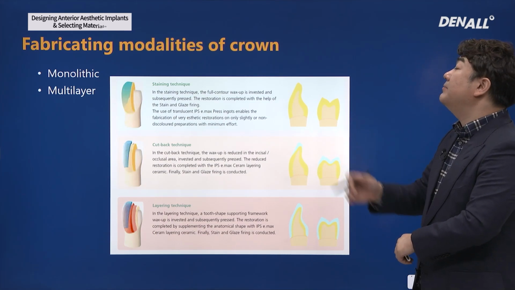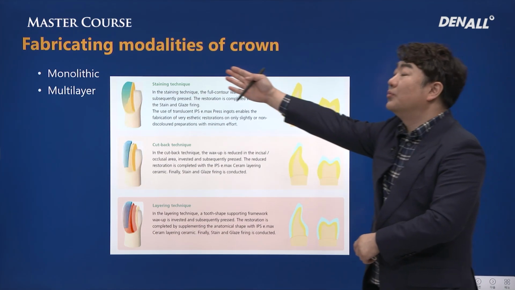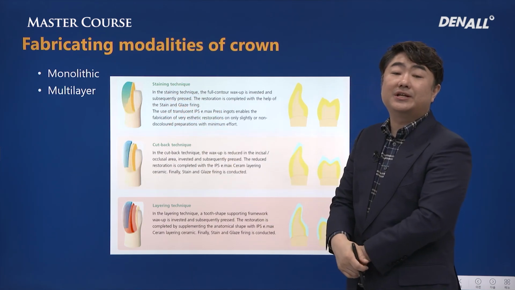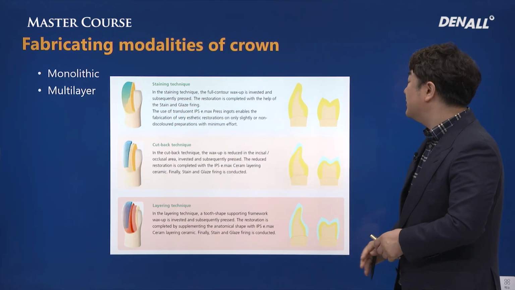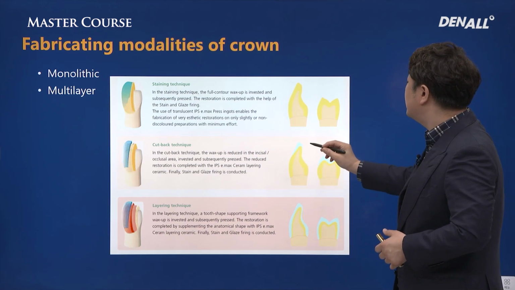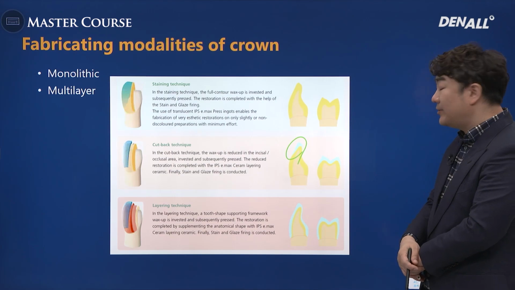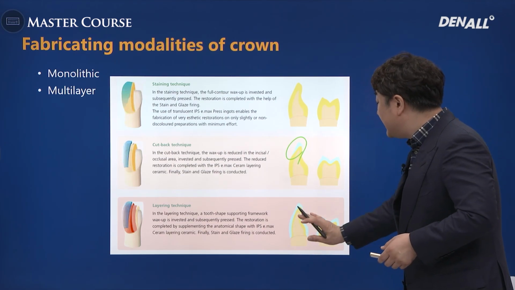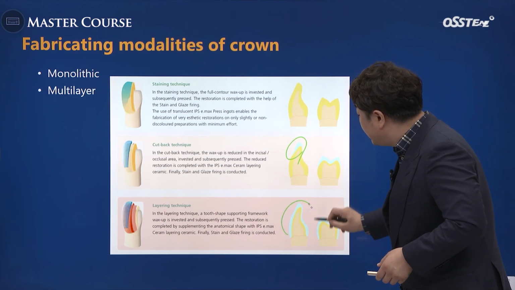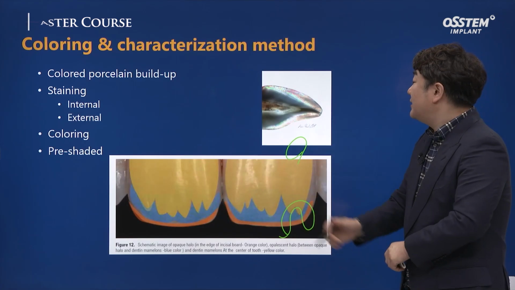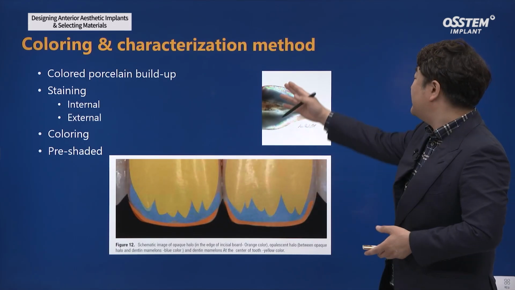When making a crown, there is a monolithic crown and multi-layer buildup. The latter mostly consists of core material with a portion layered with porcelain powder, or a more complex multi-chromatic buildup with a thinner core material option is also available.